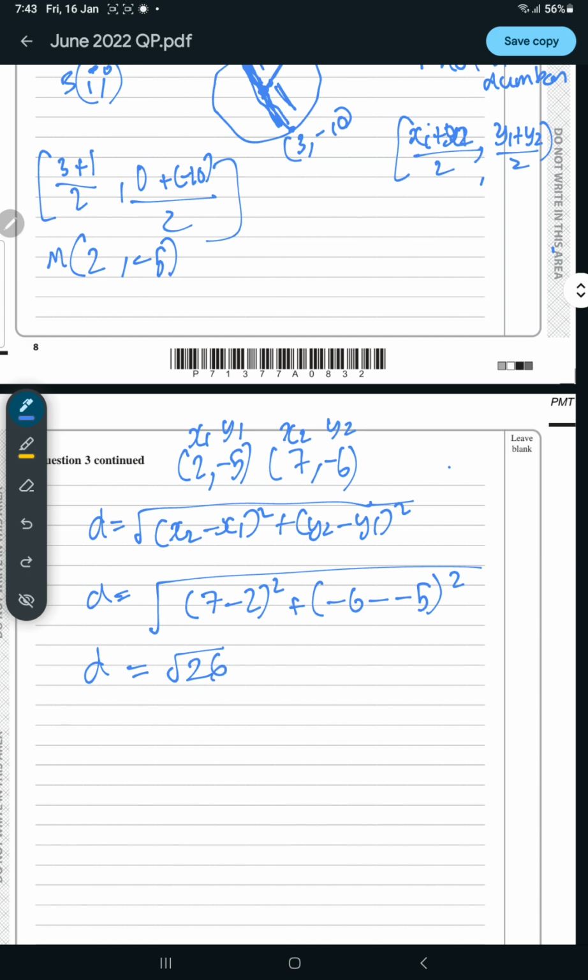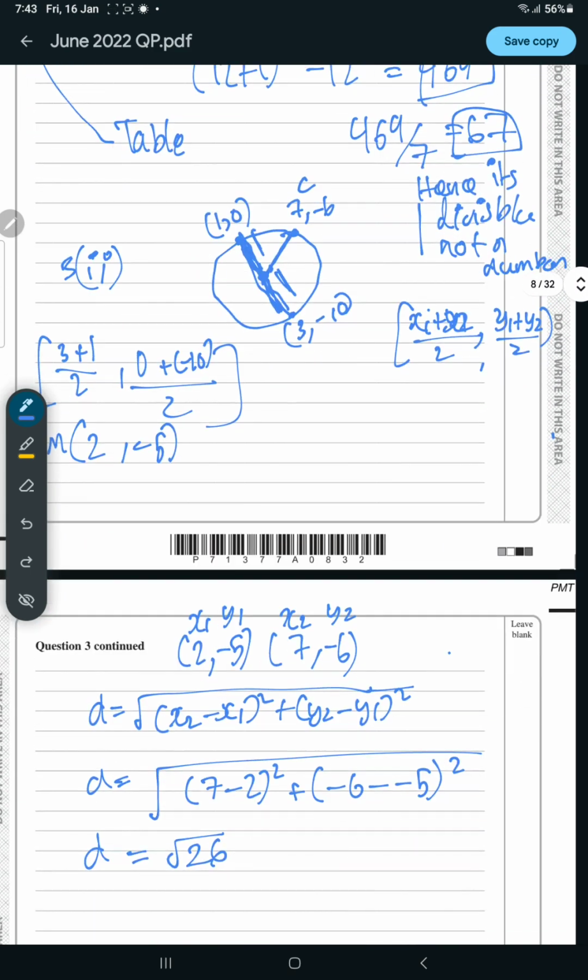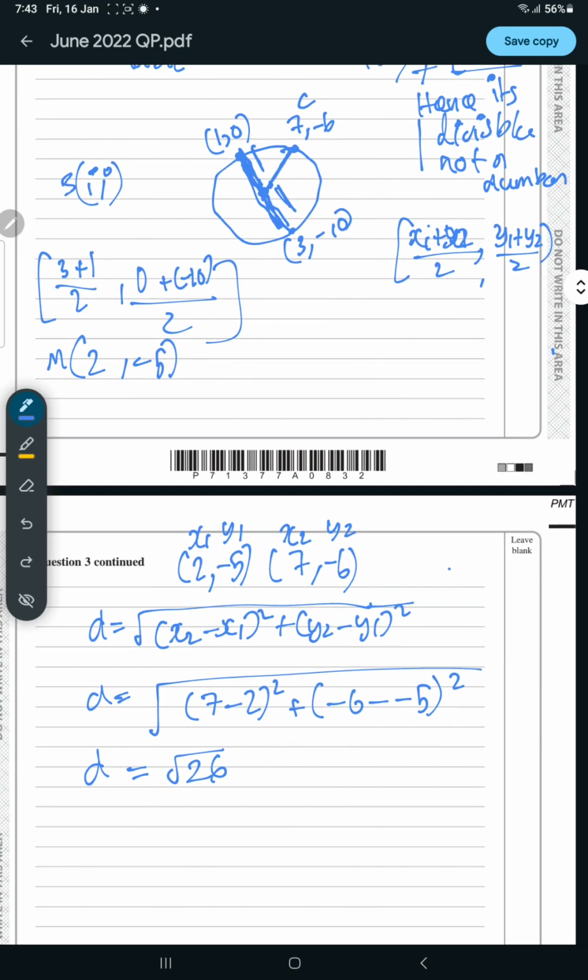And how about the distance between A and B? Can we find that? Yes, again we have to use the distance formula with x1, y1, x2 and y2.